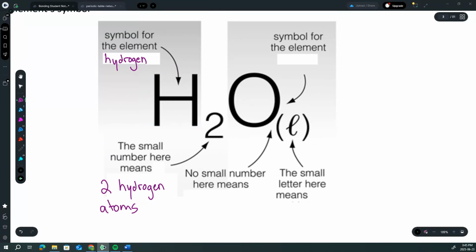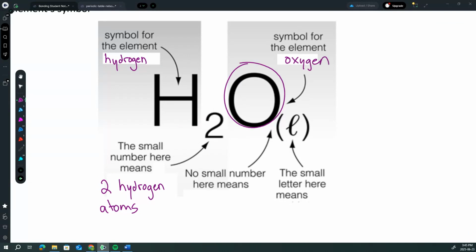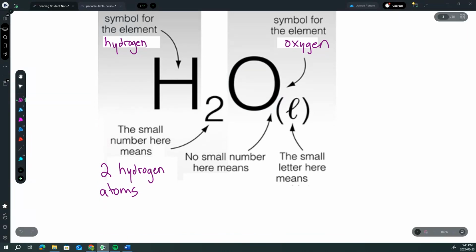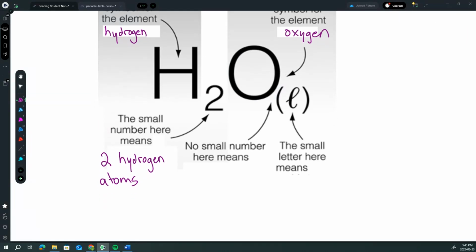Now moving on to the next symbol, O. That's the symbol for the element oxygen. Now we don't see a small subscript number after the oxygen, and that means that there's only going to be one atom of oxygen.